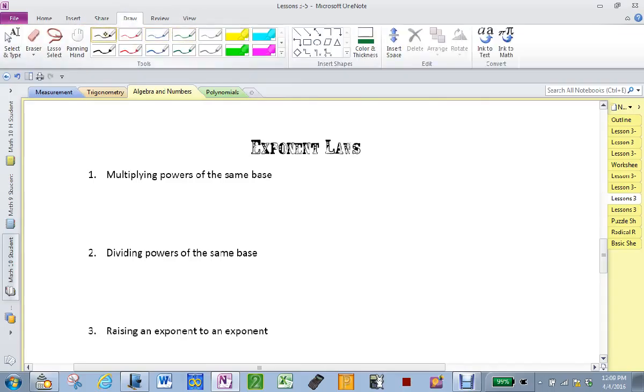So, in grade 9, multiplying powers of the same base. 2 squared times 2 cubed. Do not tell me the answer, because I can train a monkey to tell me the answer. Tell me what this means.